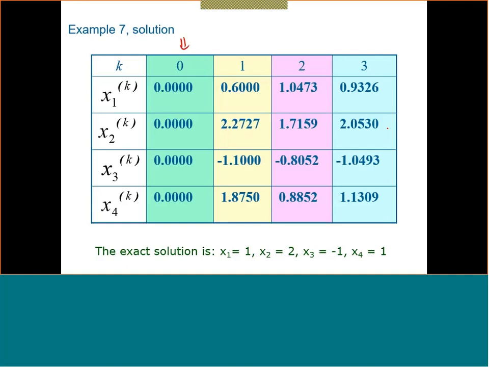After 3 iterations, these are the answers I have, and the correct answer is 1, 2, -1, and 1. Still, we are a little bit far away from the answer, so we need to do many more iterations. And this is the main drawback of the Jacobi method, that it converges, but it will take very much time to converge because of the large number of iterations you have to do.